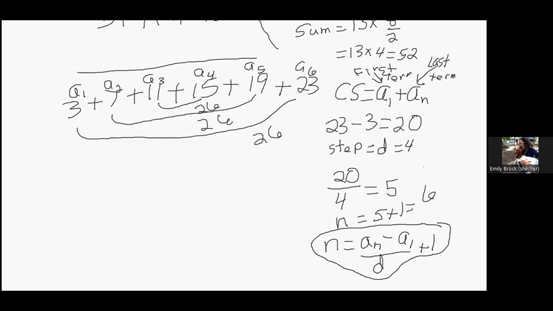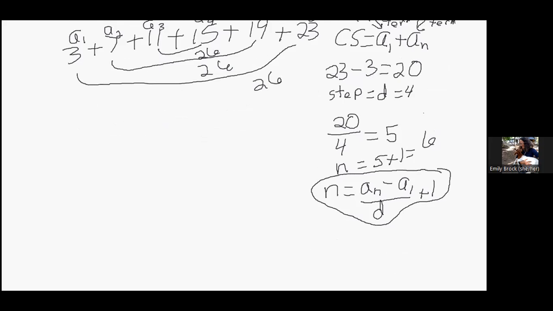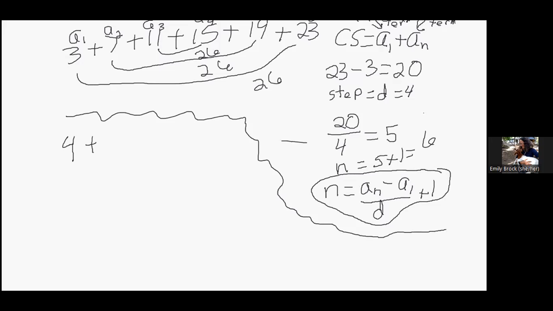Let me just do a bigger example. 4 plus 7 plus 10 plus 13 plus 16, another example on that.